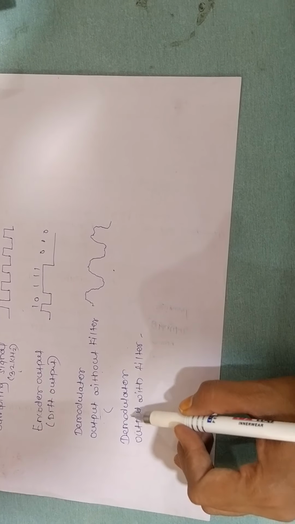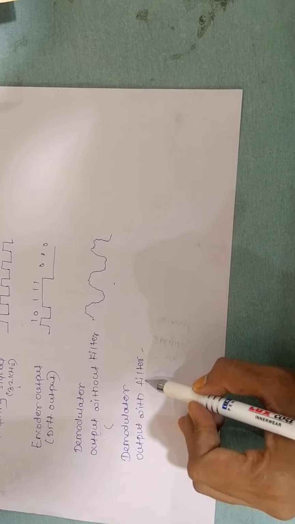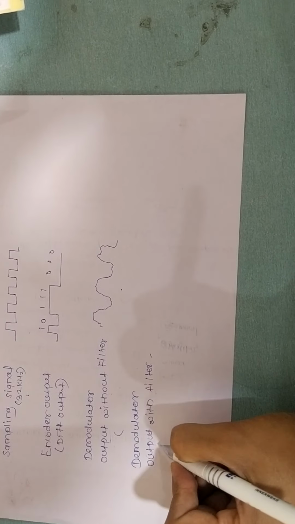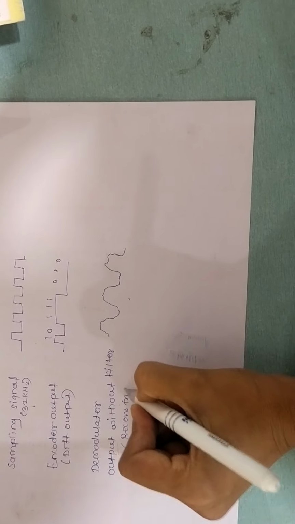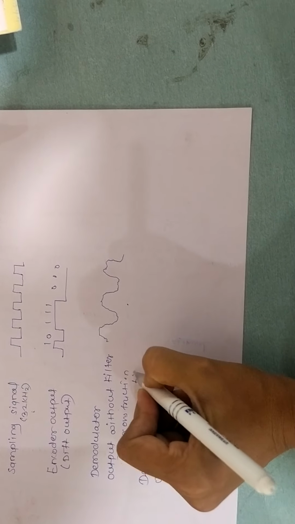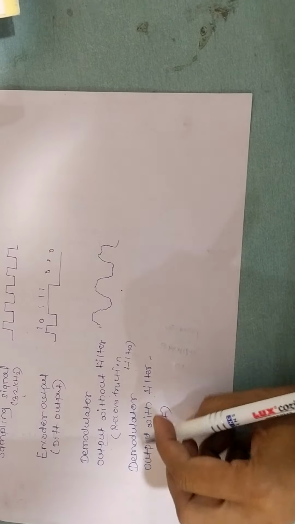Now lastly we have to observe the output of the demodulator with filter. Here we can see the output of the reconstruction filter, and here we can see the output of the LPF, low pass filter.